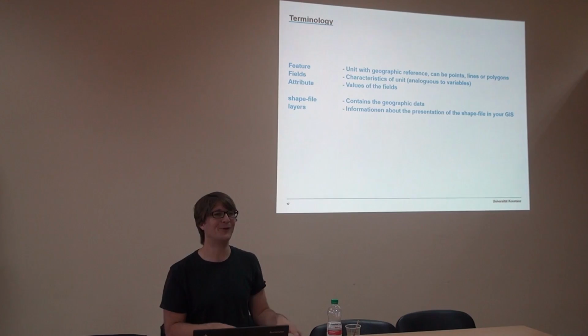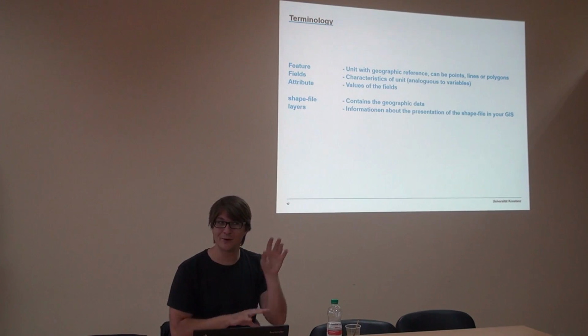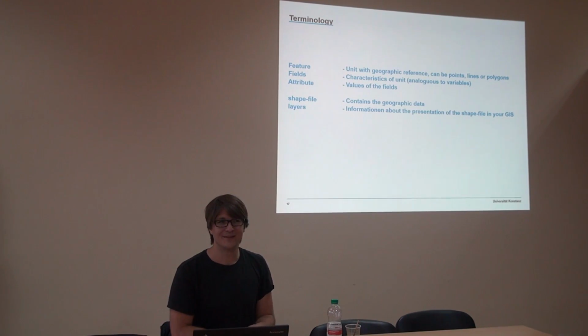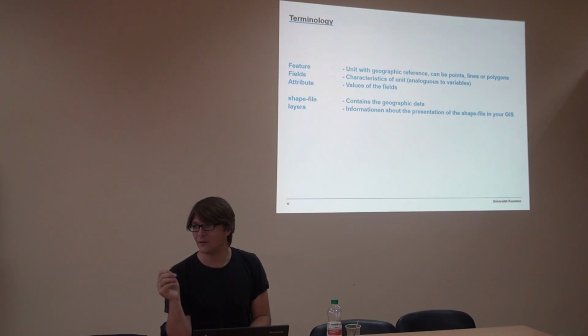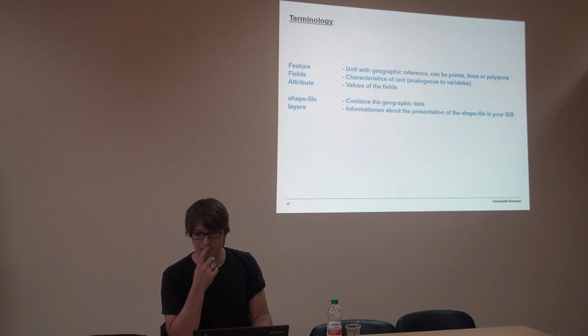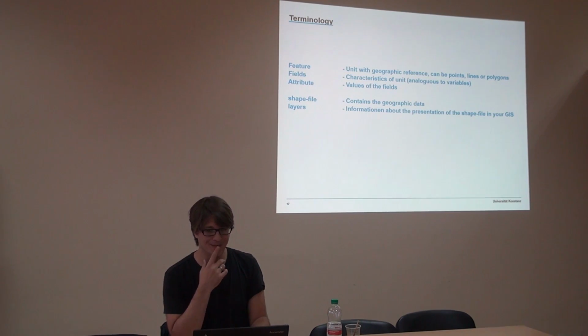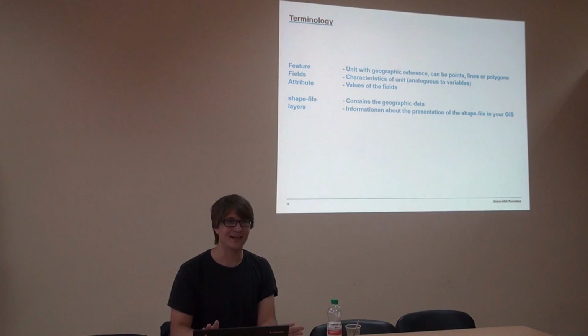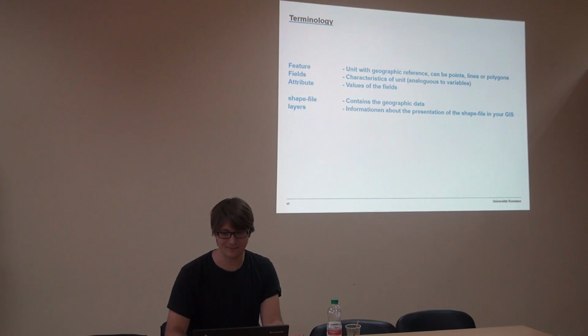So when we drag these shapefiles into our layers window, we just point to the data that is stored somewhere on our computer, and when we change, for example, the color or the outline, it's not stored in the shapefile, but you have to store it somewhere else. So this is more complicated than it sounds. It's very analogous to what we have, but I thought it's probably good to have it on the slide.